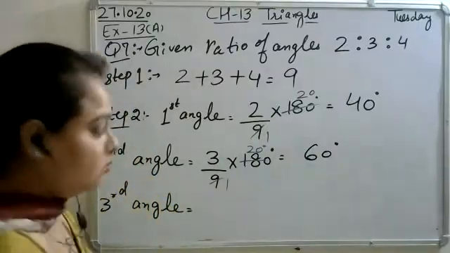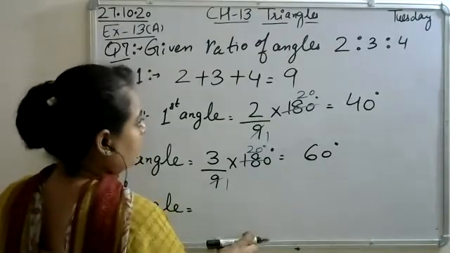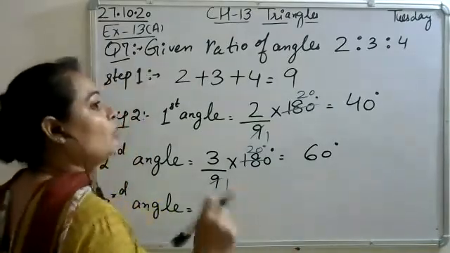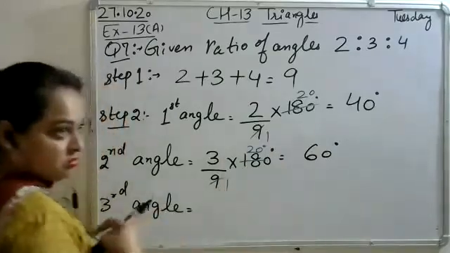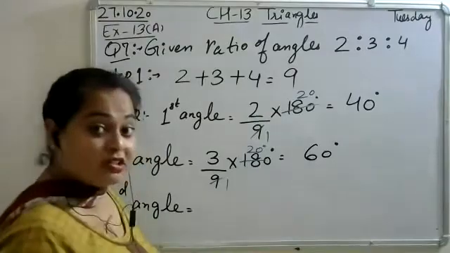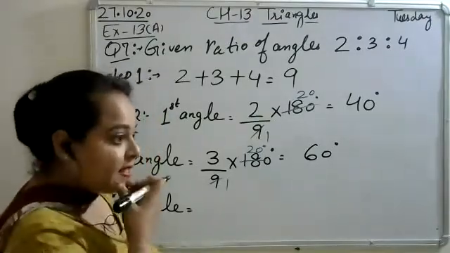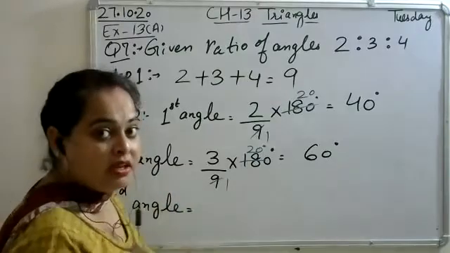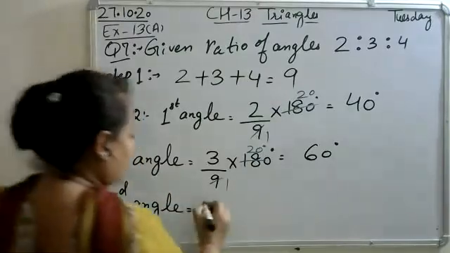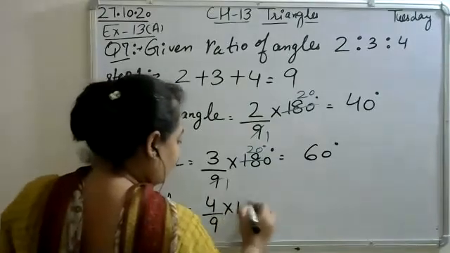Ma'am, the third angle will be also 4 by 9. Will be also. This wording is correct. Okay, the third angle will be 4 by 9 multiplied by 180 degree.